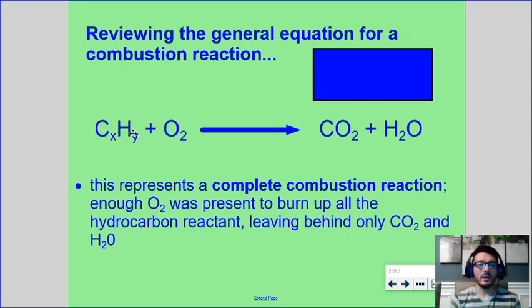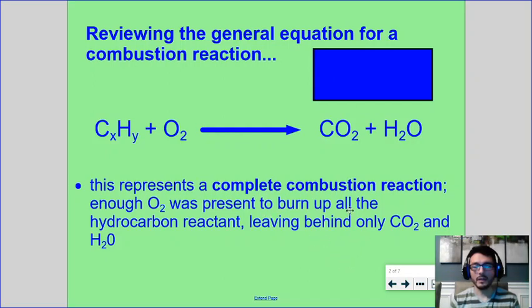So a hydrocarbon, there can also be oxygen here as well, but we're going to stick with just C's and H's, carbons and hydrogens, plus oxygen. Now it will need some kind of activation energy or heat, a spark or something, but essentially when it combusts you will get CO2, carbon dioxide gas, and water vapor usually. Right, so that is the general form of a complete combustion reaction.